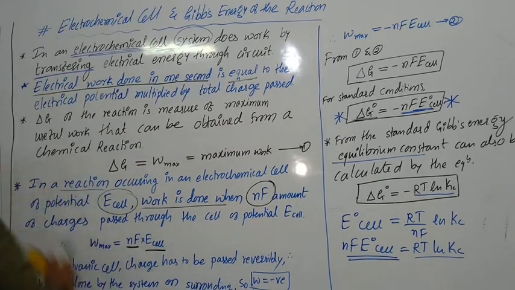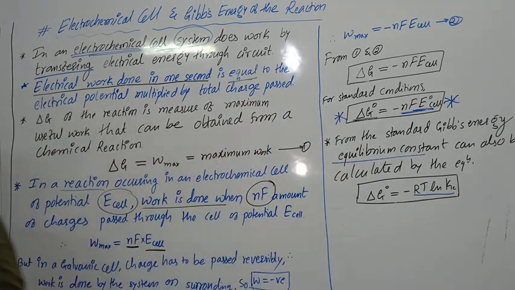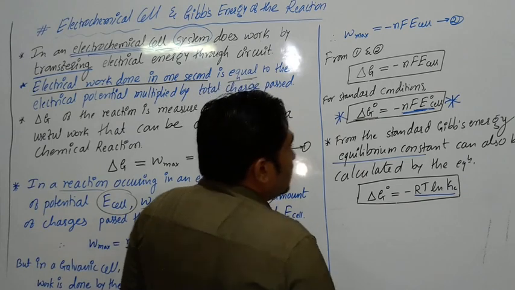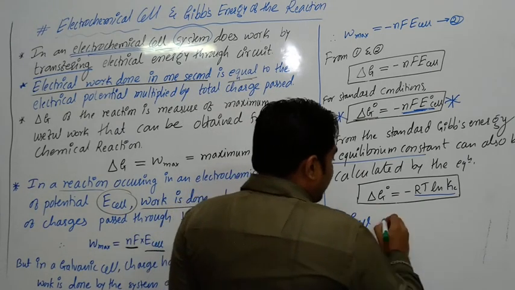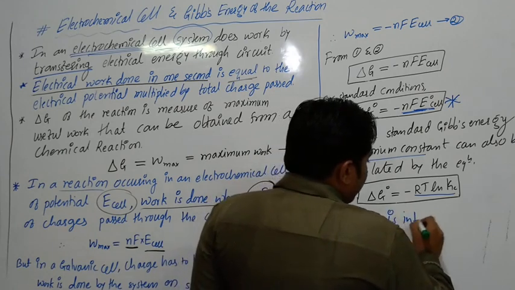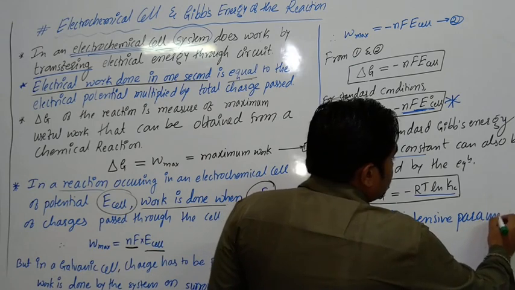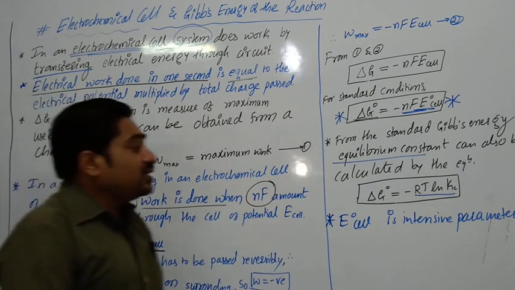And also we know that, and please remember these two are very important here, E naught cell is an intensive property. E naught cell is an intensive parameter, or it is called an intensive property.